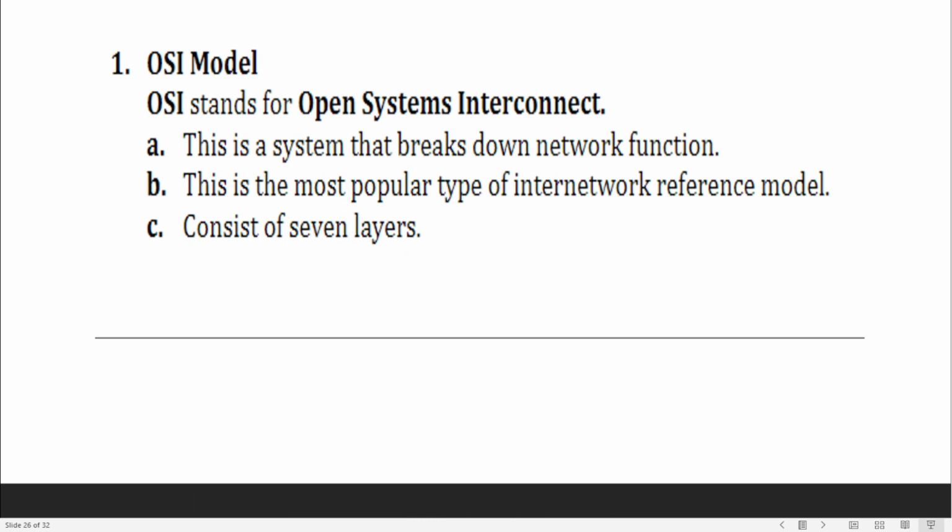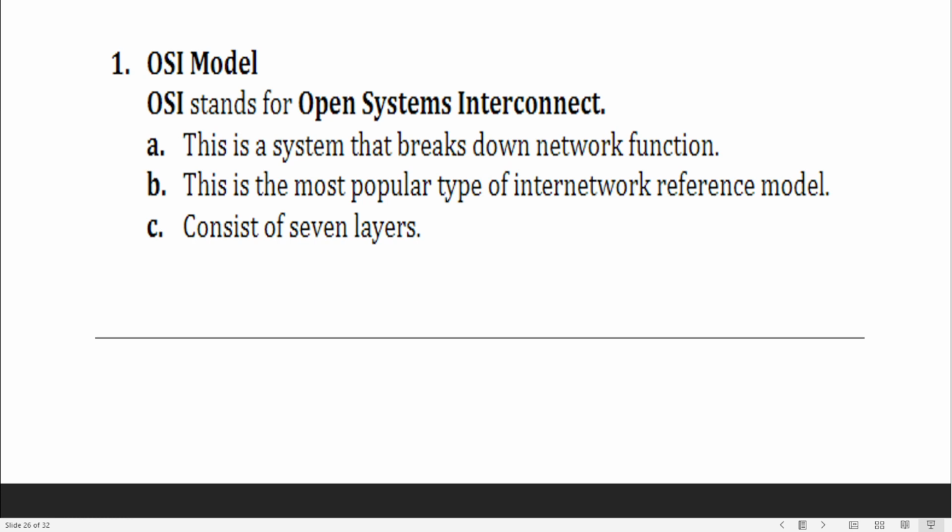So right now, here are some models that we'll be discussing. First is the OSI model, which stands for Open System Interconnection. This is a system that breaks down network functions, and this is also the most popular inter-network reference model. It has 7 layers.